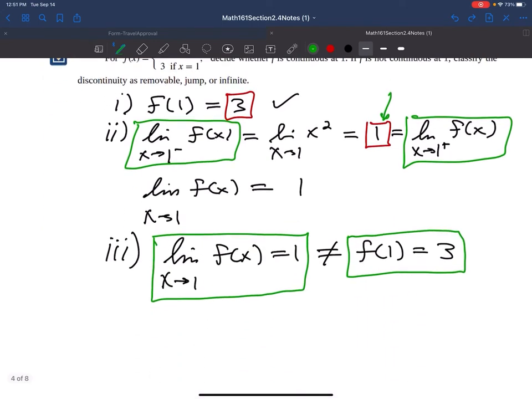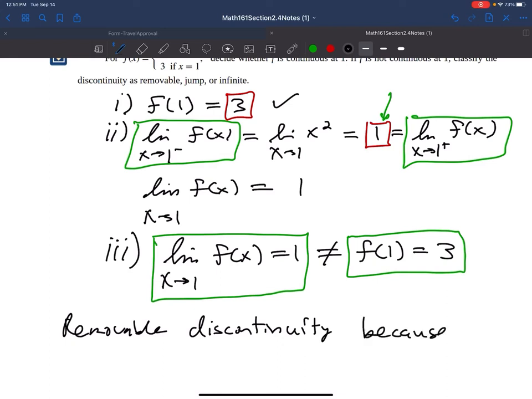It is discontinuous because criteria 3 is not met. So we would call this a removable discontinuity, because, and it's always good to explain ourselves, because criteria 3 fails and the limit as x approaches 1 of f of x exists.